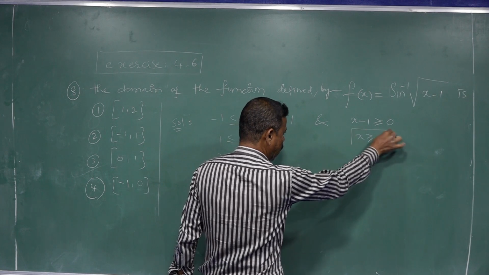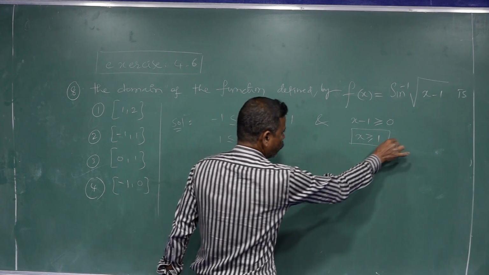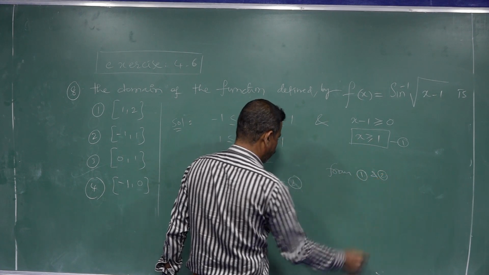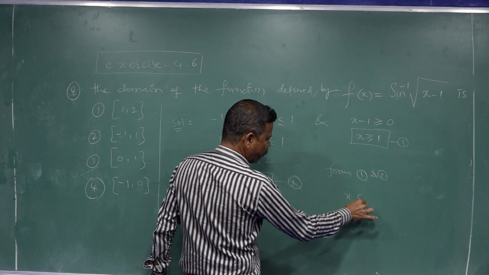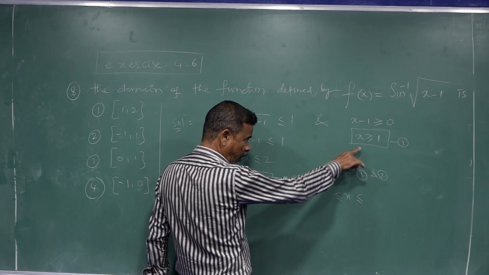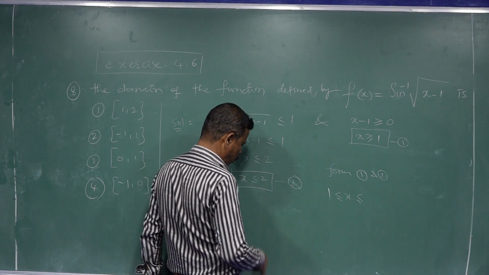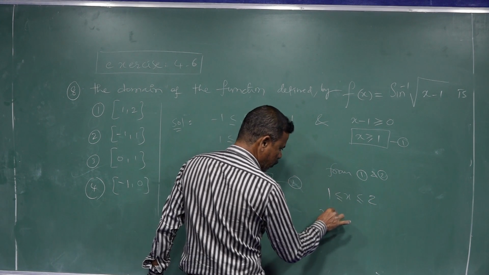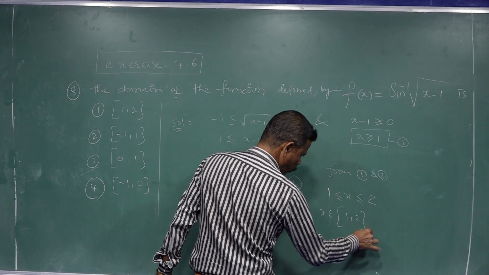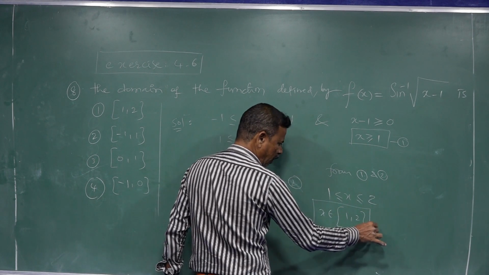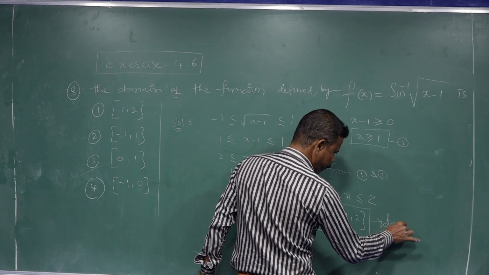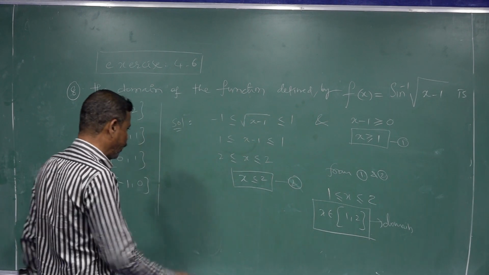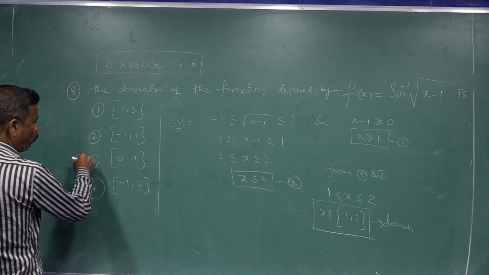So for this, this is 2, this is 1. From 1 and 2, taken as x values lie between, above 1, 2 below. So x belongs to 1 comma 2. This is the domain. X values are called the domain. Now x belongs to 1 comma 2. This is the first option.